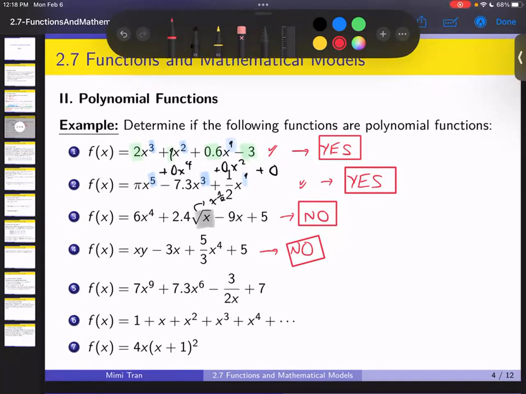Anybody else? This one okay. Look at this one. What happened to the x? It's in the denominator, right? So here's x to the first. If I bring it up, what happens to my x? It's the -1, right? So you have a negative integer for your power, which is bad. So no.